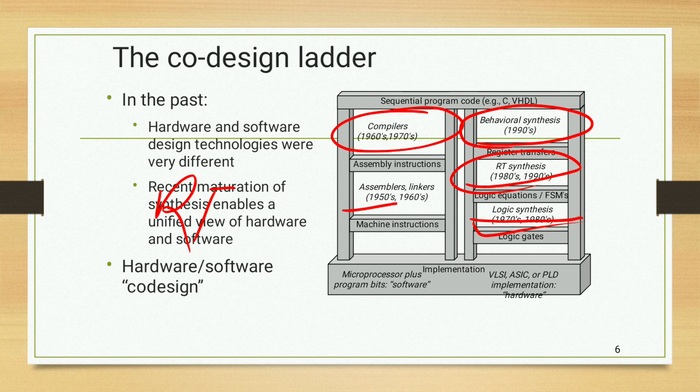Finally, a system synthesis tool converts an abstract system specification into a set of sequential programs on general and single purpose processors. Design for the former is commonly known as hardware design and design for the latter as software design.